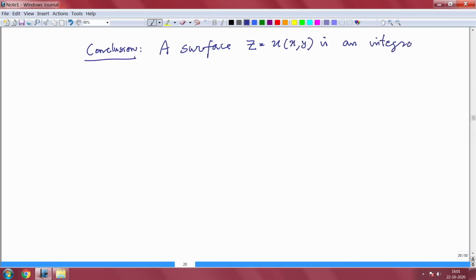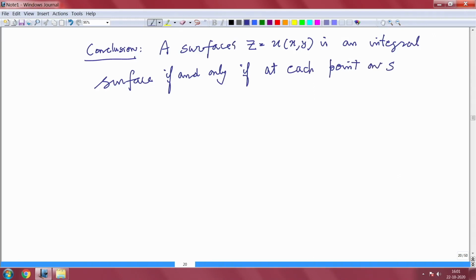So you are characterizing the PDE integral surface, okay, if and only if at each point on S, a surface S which is given by this, at each point on S, the tangent plane, I am re-explaining my PDE, contains the characteristic direction, contains the characteristic directions.